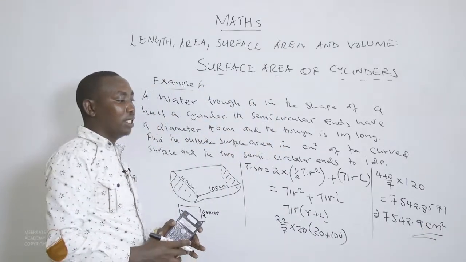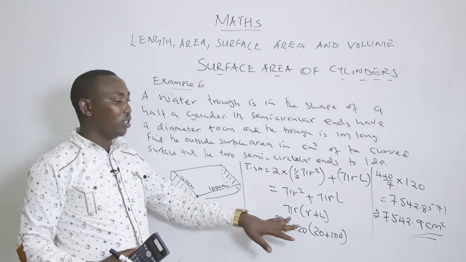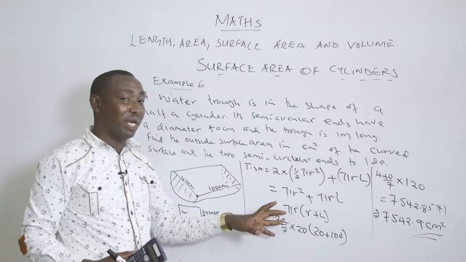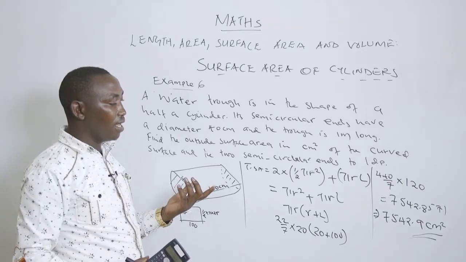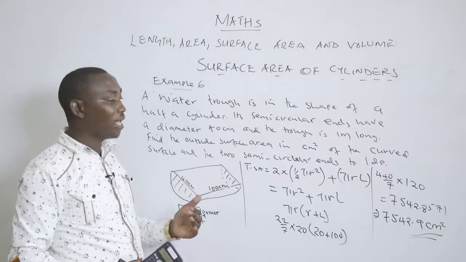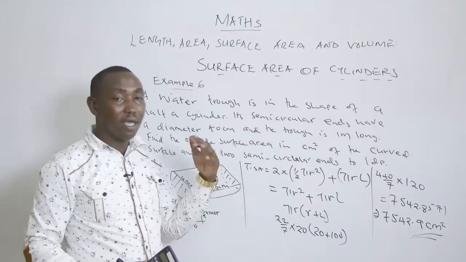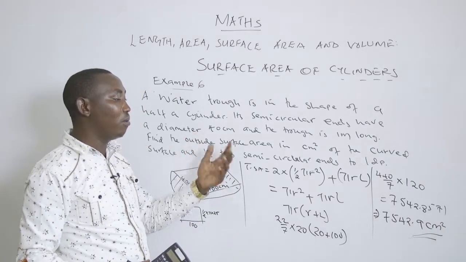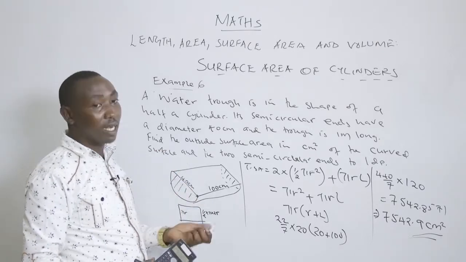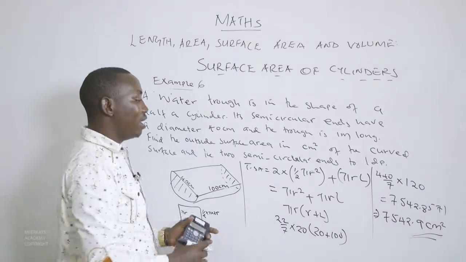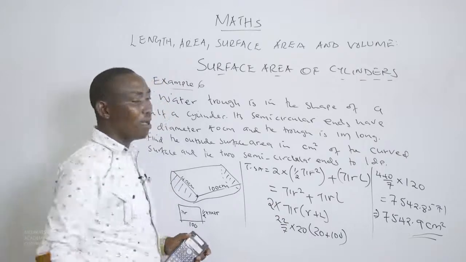square centimeters. Consider that this formula that we have derived for half of a cylinder is almost the same as how we find the total surface area of a complete cylinder, because for the complete one you only need to multiply this by 2.